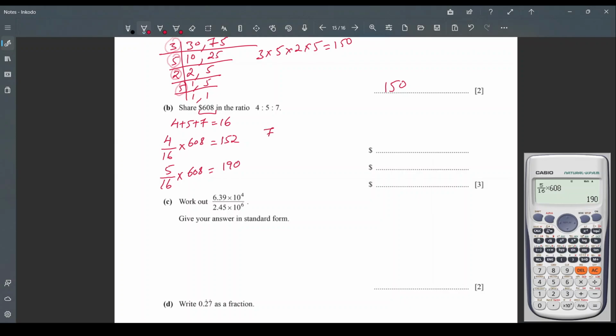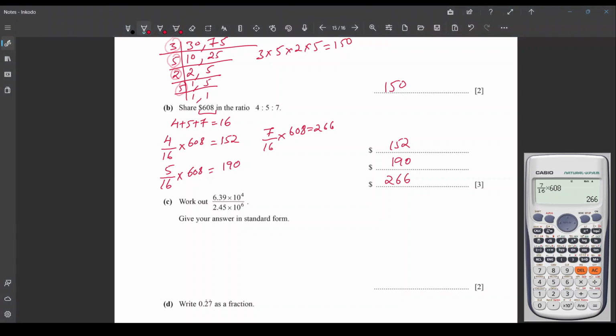So let's find out the share for 7 out of the total 16, and the total share is 608. So we'll change that 5 to 7. We got the answer as 266. So the final answers are 152, 190 and 266.